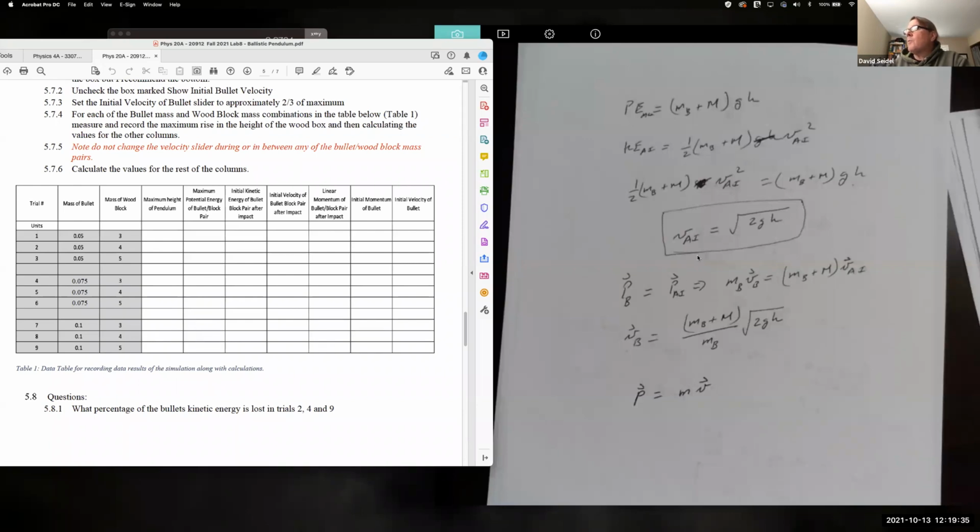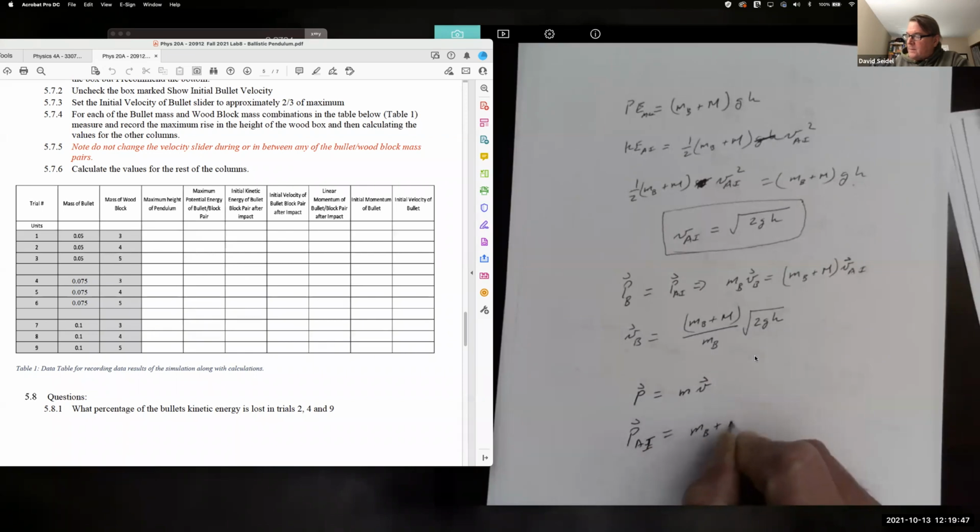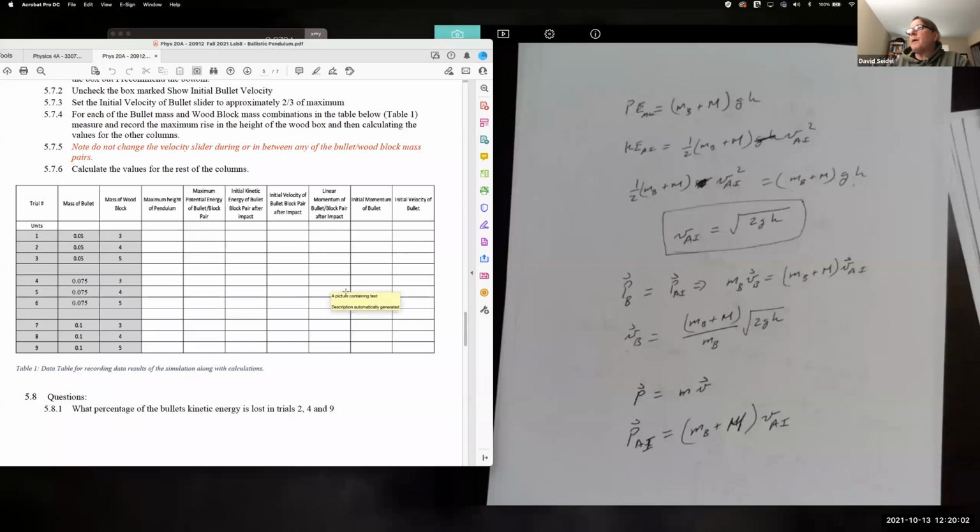My momentum right after impact is just equal to the mass of the bullet plus the mass of the block, capital M, times the velocity after impact. So I have the momentum right after impact.